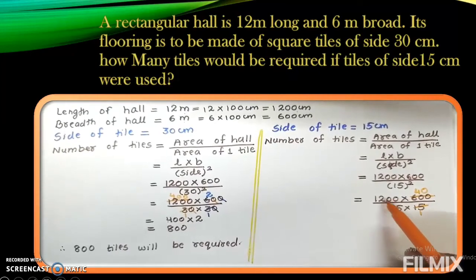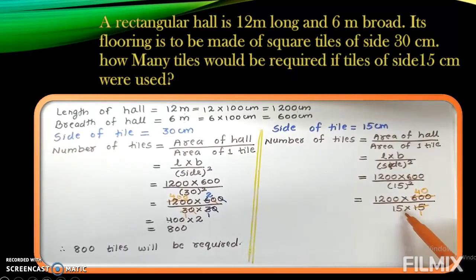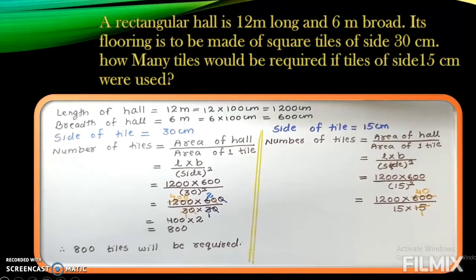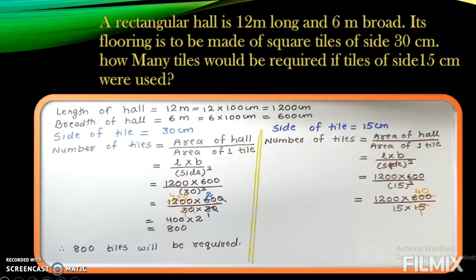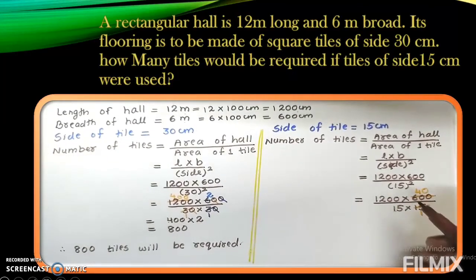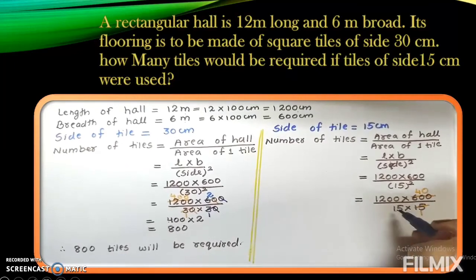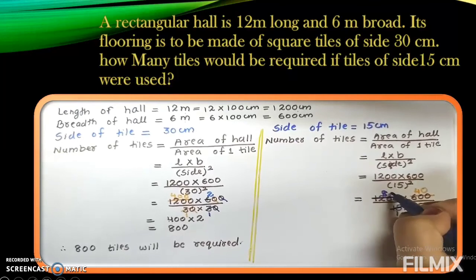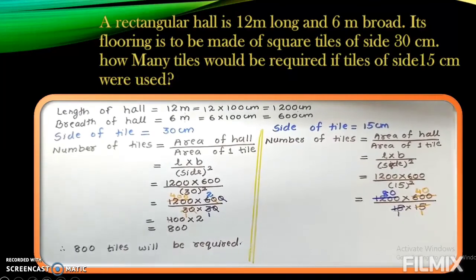Now if you want, here also you can go for 15's table. If you know 15 eights are, what answer will come? 120. So we will go for the table of 15 here. 15 ones are 15. 15 eights are 120 and this 0 will remain the same.